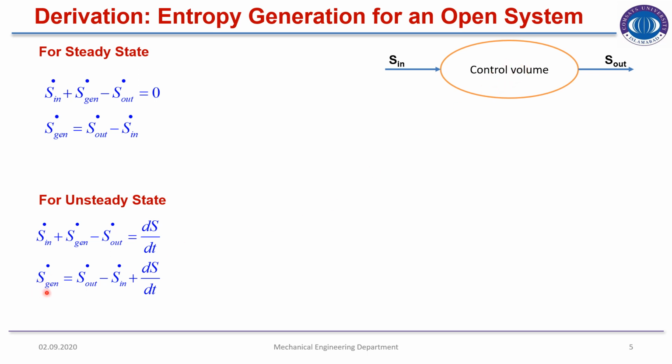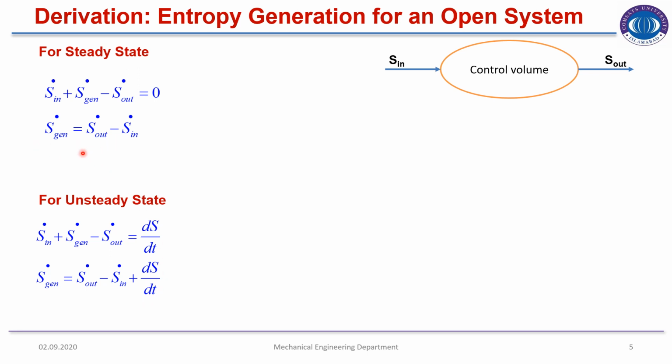So to find the entropy generation, we have S out minus S in plus ds by dt: entropy exiting minus entropy entering plus entropy accumulated due to the accumulation of mass within the control volume.